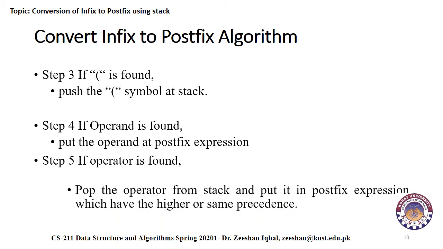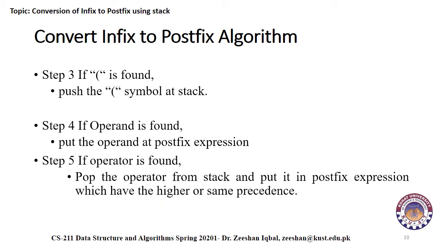Next, step 5: if an operator is found, repeatedly pop operators from the stack and put them in the postfix expression which have higher or the same precedence as the new operator. Then push the new operator onto the stack.